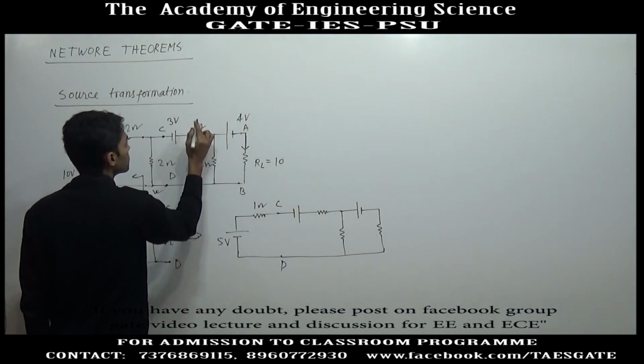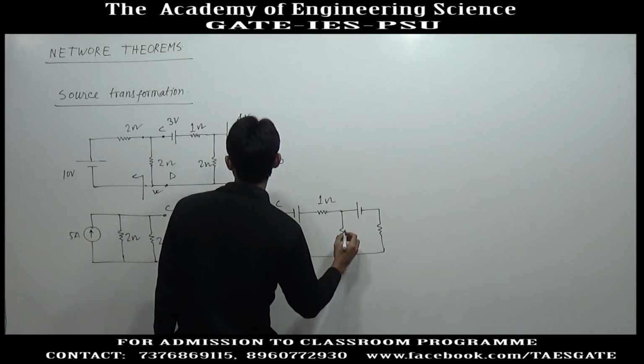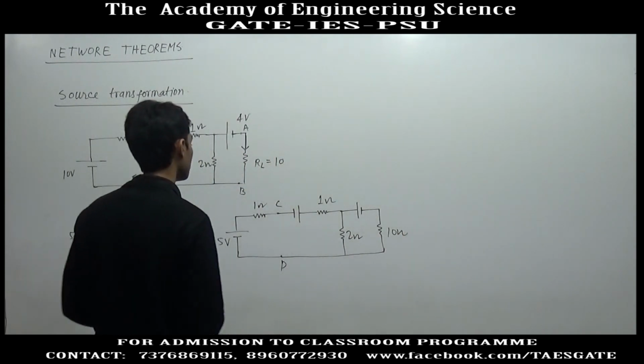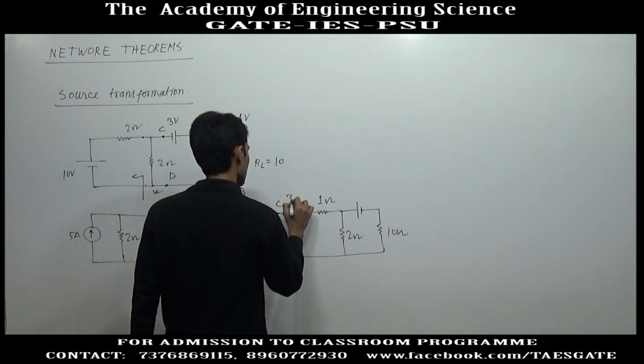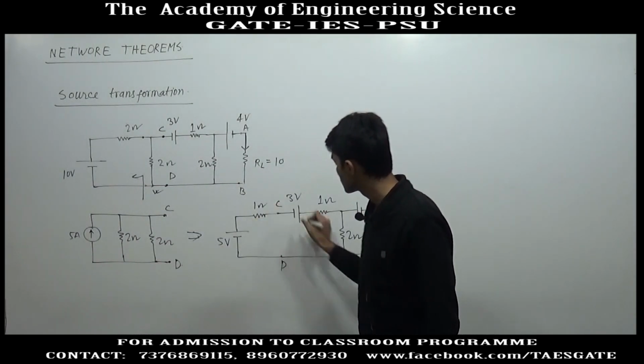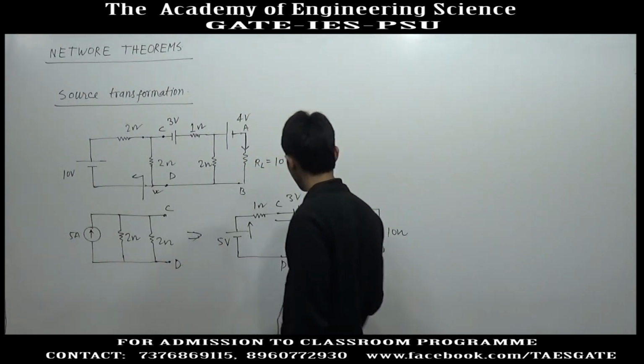Suppose this is 1 ohm, this is 1 ohm, this is 1 ohm, 2 ohm and 10 ohm, and this is 3 volt. The 5 volt and 3 volt are in series and both have tendency to flow the current in clockwise direction.